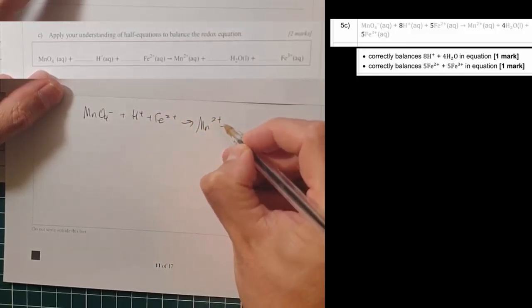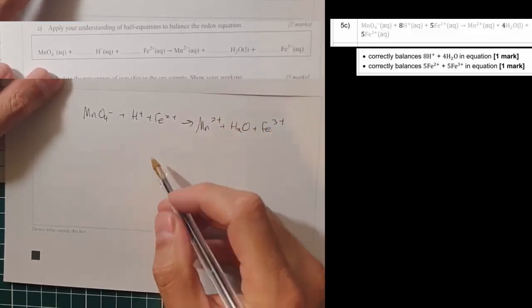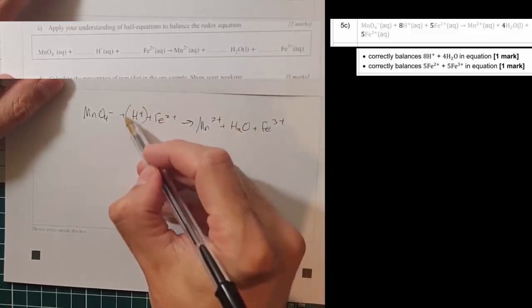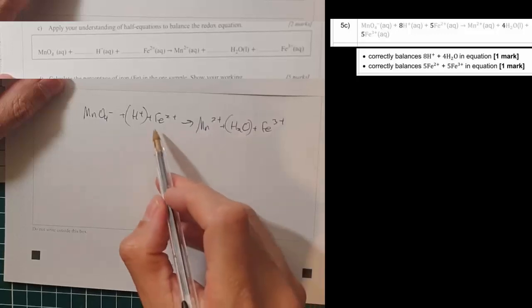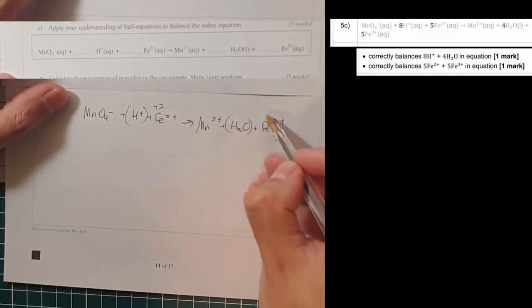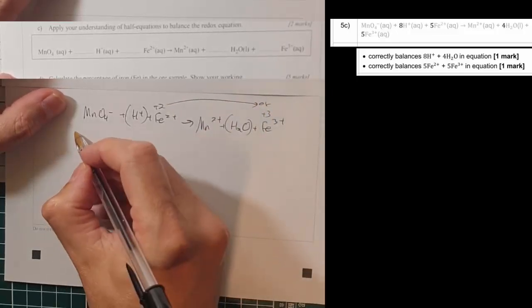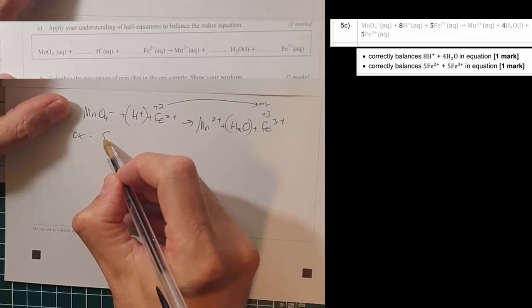So, sorry, I'll just do this as fast as I can. You'll see how fast I can do it, I guess. We don't really know this and this yet, so I'll ignore those. This is the one that's getting oxidized. That one will be getting reduced. We'll do the oxidized one first.